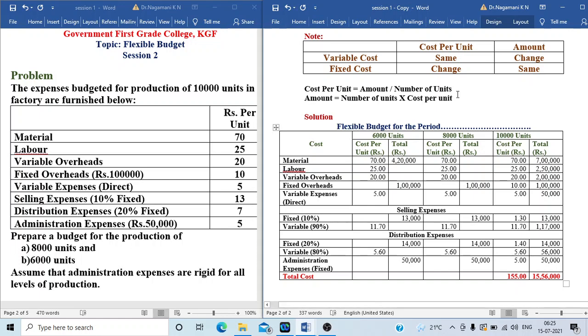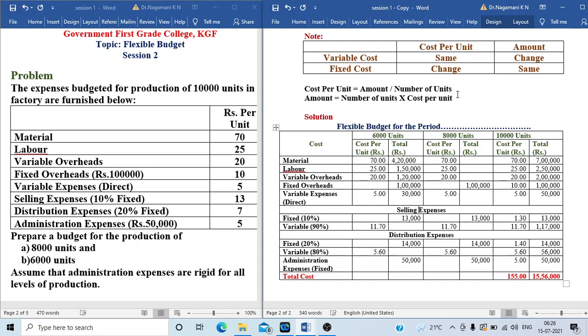Next, variable labor cost per unit is 25 into 6000 units, 1,50,000. Then variable overhead cost per unit is 20 into 6000, 1,20,000. Then variable expenses cost per unit is 5 into 6000, 30,000.